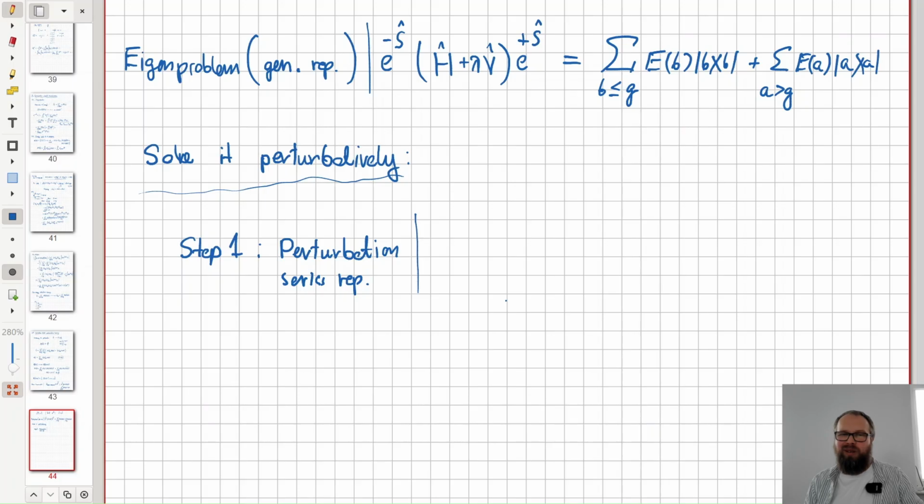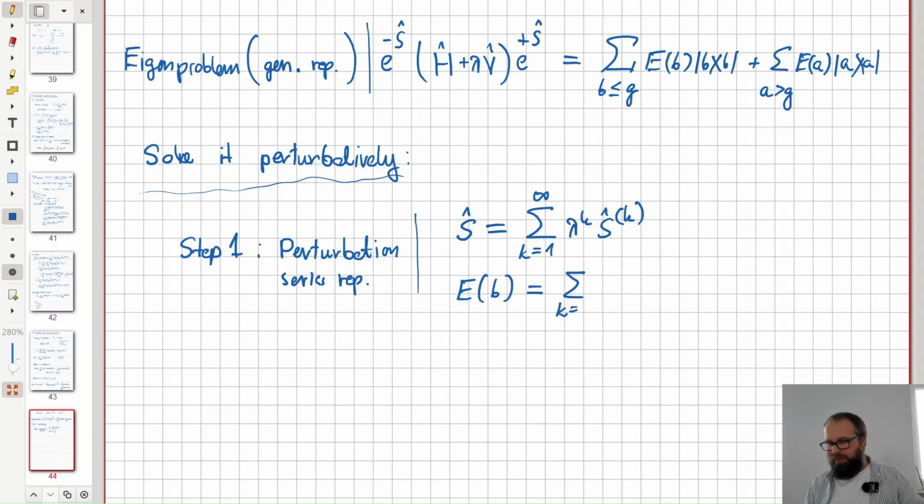So we shall assume that S can be written as a sum over k from 1 to infinity of lambda^k S_k, and the energies, each energy is also a series, this one from 0, lambda^k E_k. Let's assume that we can do it.